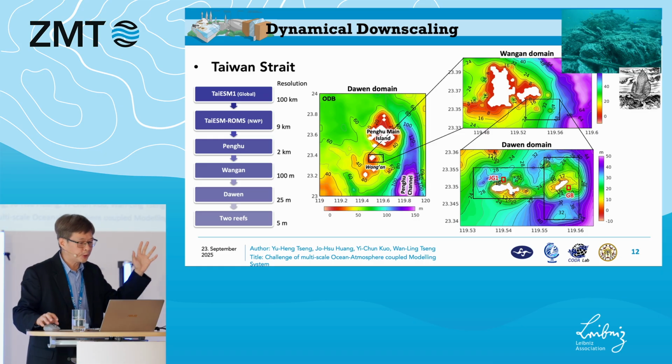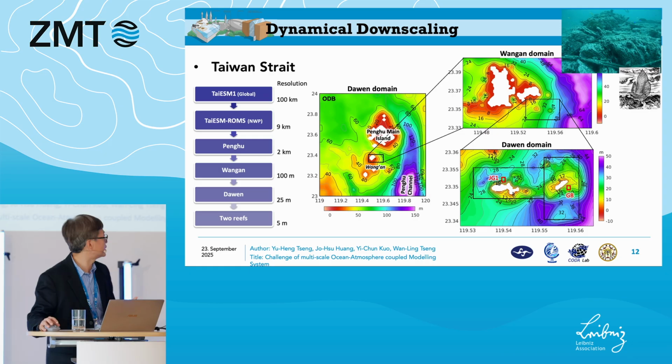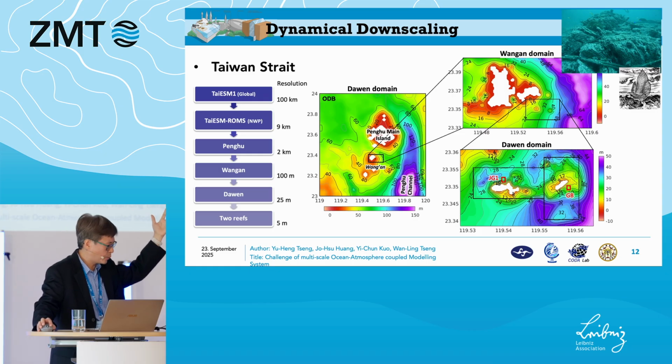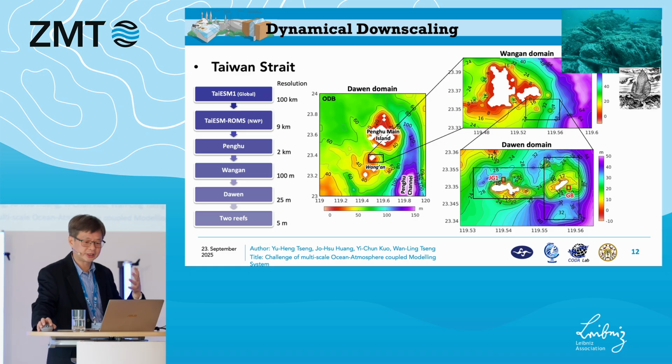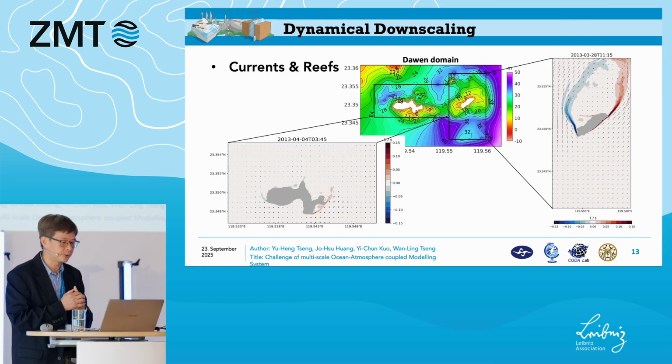Okay, so through this dynamic downscaling, what can we learn? Right here is what we want to focus on, because we want to look at the underwater cultural heritage, which is a shipwreck, probably 120 years ago in the Taiwan Strait. We want to understand how it is susceptible to environmental factors, including erosion, scour, and corrosion.